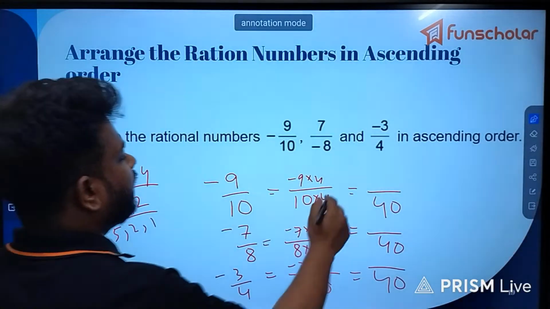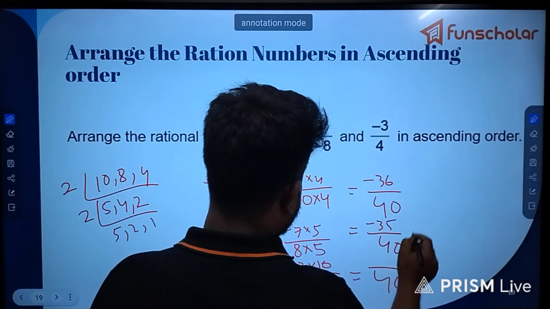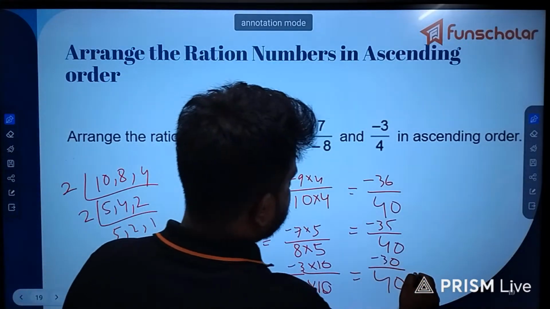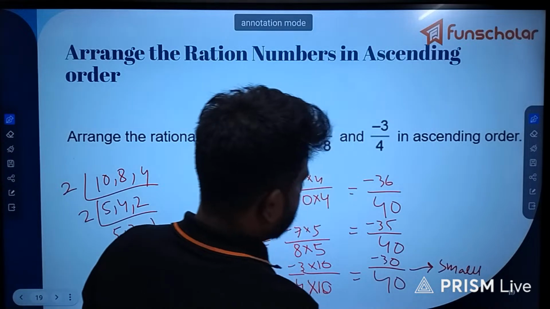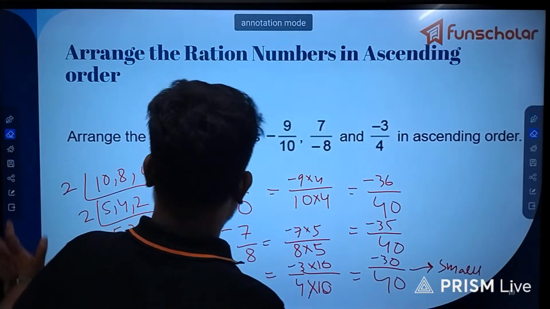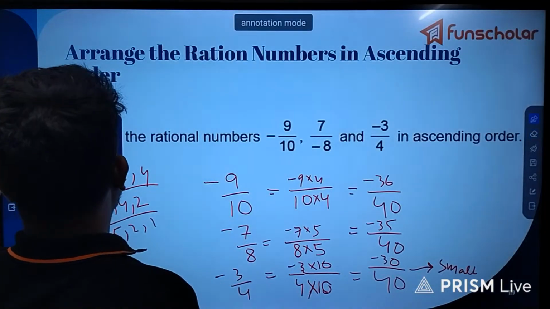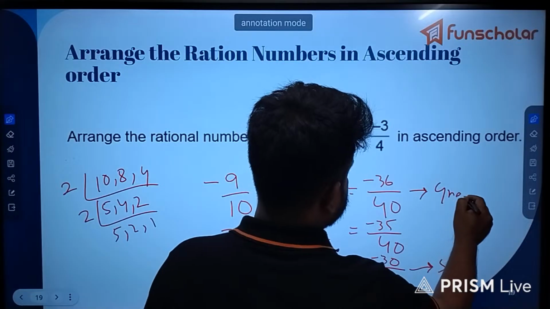So it will be minus 36, minus 35 and minus 30. So this one is the smallest one. This one will be the smallest and this one will be the greatest.